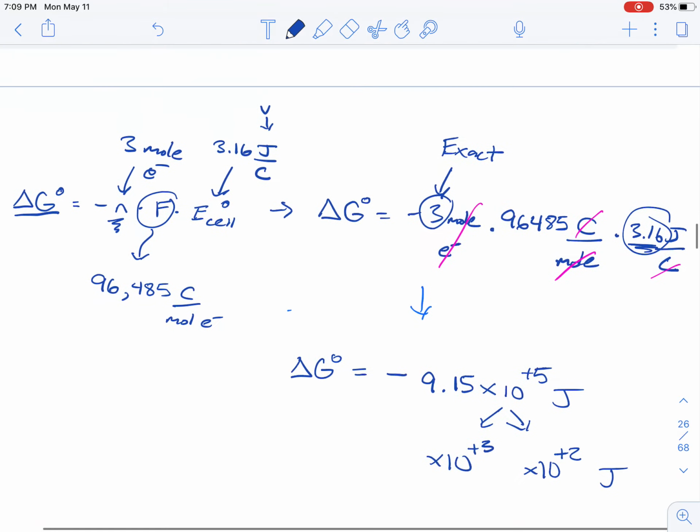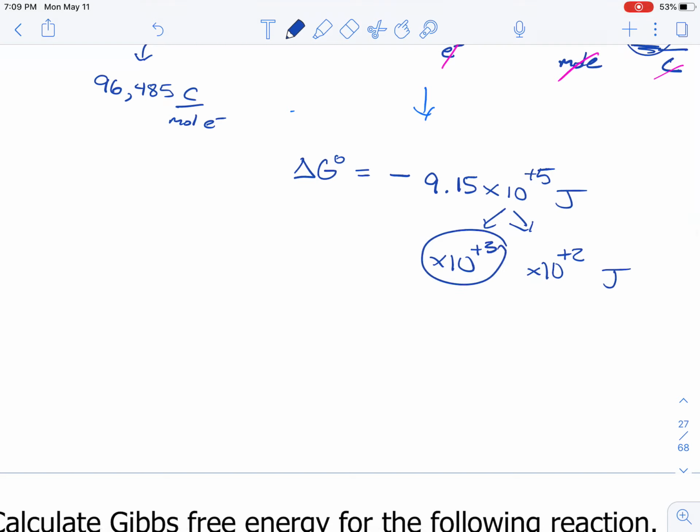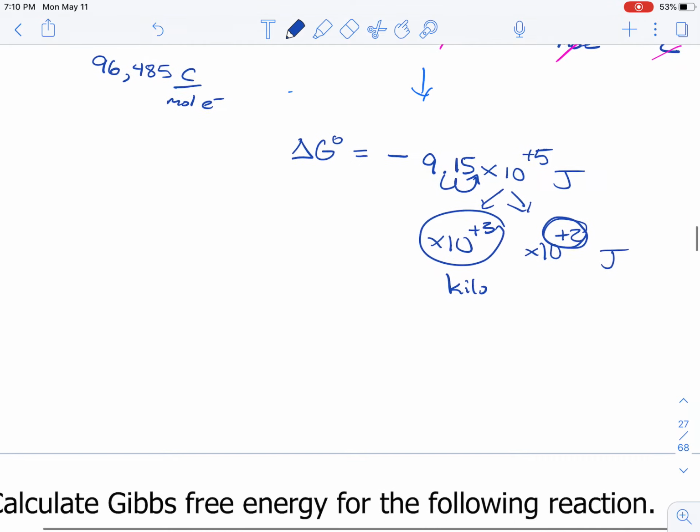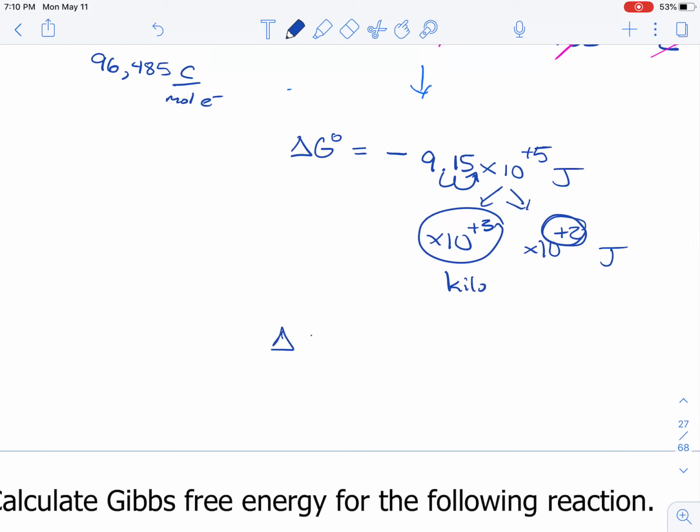And so this positive 3 is going to be a kilo, and so I can go ahead and express positive 2 by moving this decimal place 1, 2 places to the right. And so overall, I would have negative 915 kilojoules. And that would be my value for the change in Gibbs free energy under standard conditions.